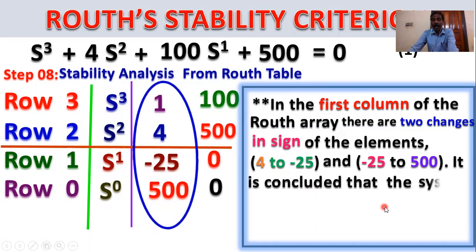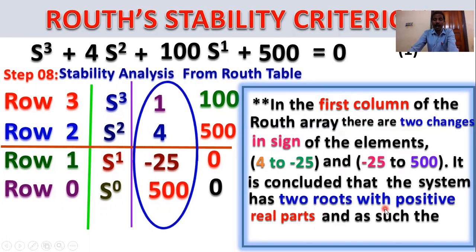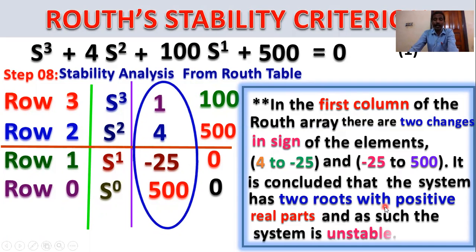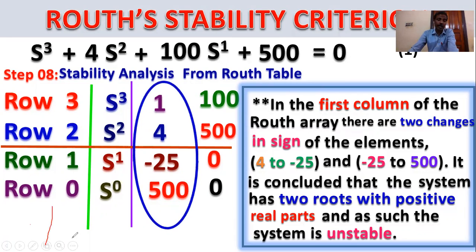It is concluded that the system has 2 roots with positive real part, and as such the system is unstable. So the conclusion is 2 roots on the right hand side of the S plane. If this is real and this is imaginary, then this section is the right hand side and this is the left hand side.